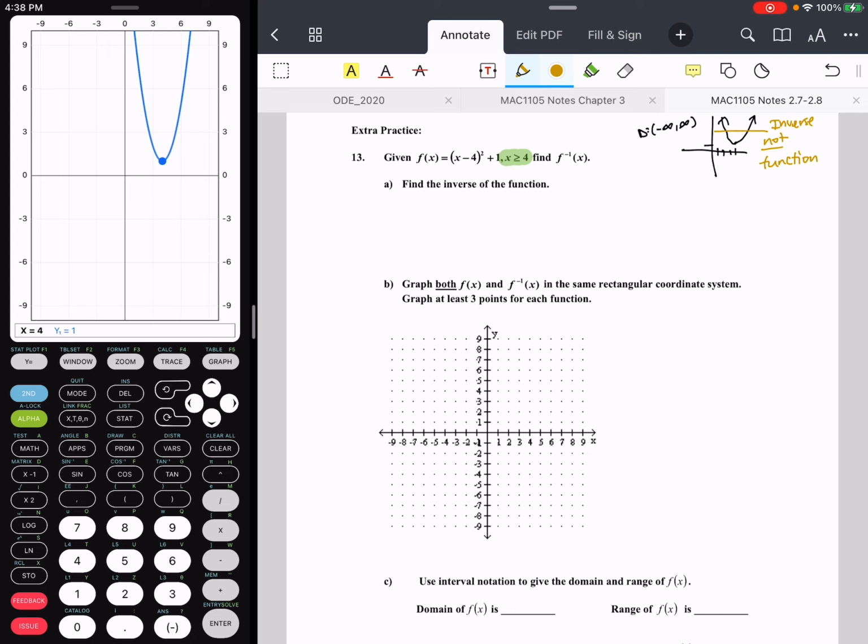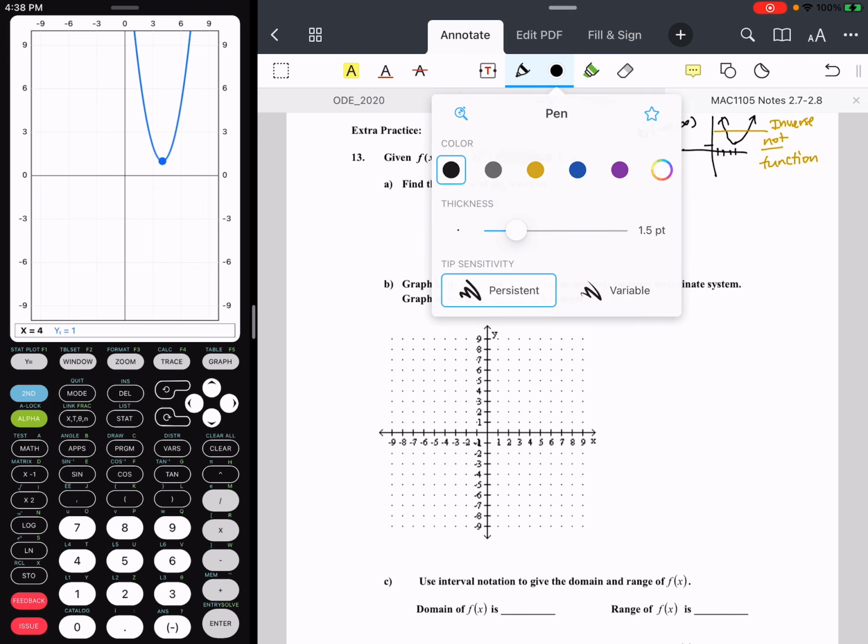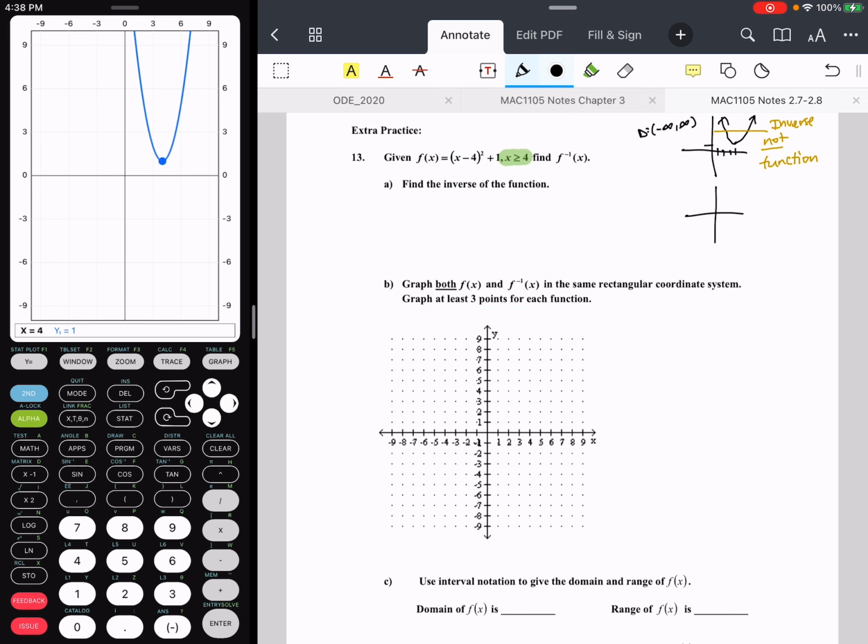This parabola that's on my graphing calculator, if we just start at the vertex, 1, 2, 3, 4, 1, so there's the vertex, and we only graph the parabola for x greater than or equal to 4, so we only graph that area to the right, then if I apply the horizontal line test, it passes.